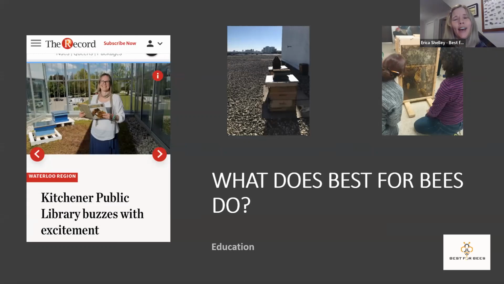We had beehives at different companies that allowed us to educate the employees about the importance of bees, what they are to our food system, and how to provide pollinator habitat. All of these are often part of green initiatives that a lot of companies have. Additionally, we've worked with our local library, the Kitchener Public Library.